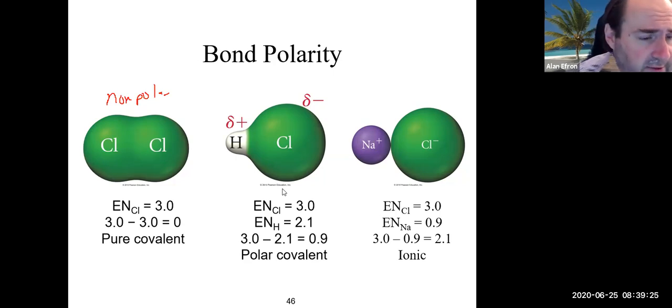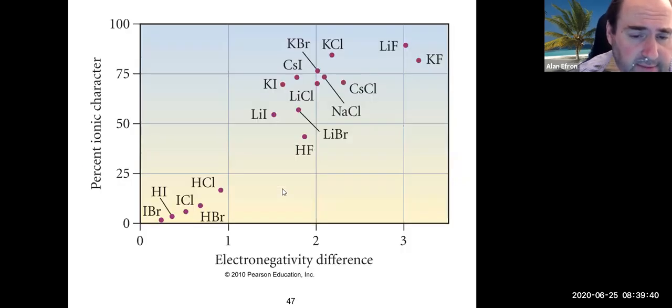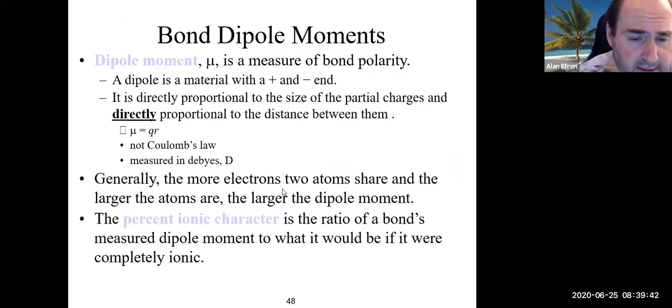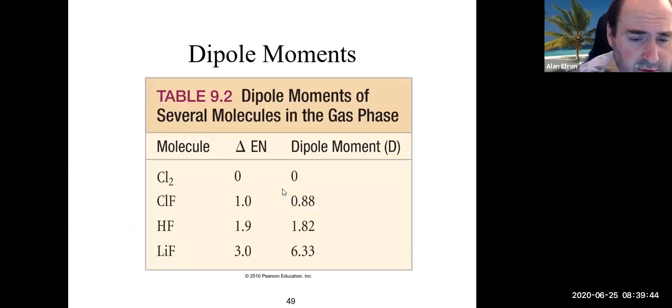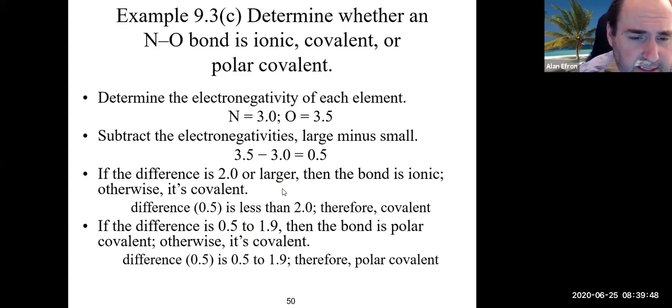That's the one we did earlier, where 0 to 0.4 is a non-polar bond, above 0.4 to below 2 is a polar bond, and above 2 is usually an ionic bond, as we see here. We're going to talk about that in the next chapter.